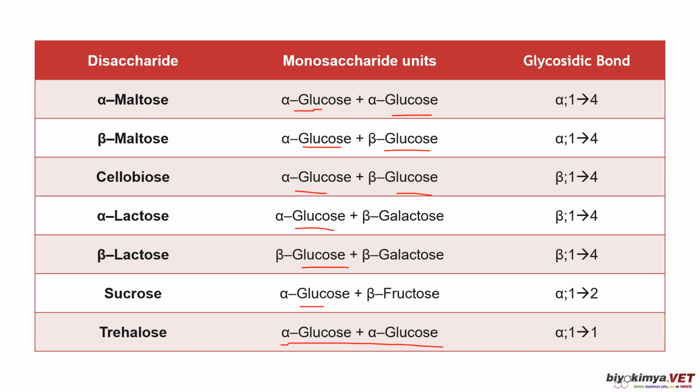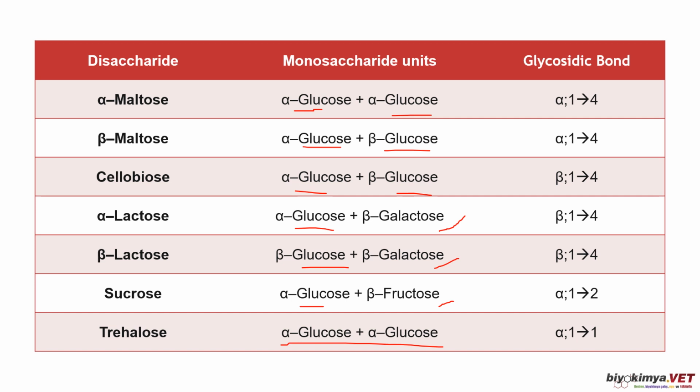Glucose is everywhere. Another example to show why glucose is so important, why glucose has a central role in carbohydrate metabolism, in our metabolism, in mammals' metabolism. Glucose is everywhere. And although glucose is a component of all these disaccharides, there are also some other ones, as in lactose, galactose, and in sucrose, fructose.